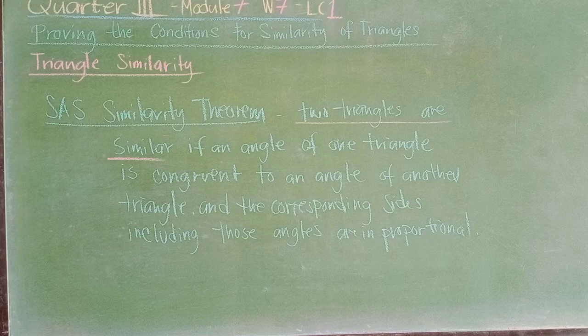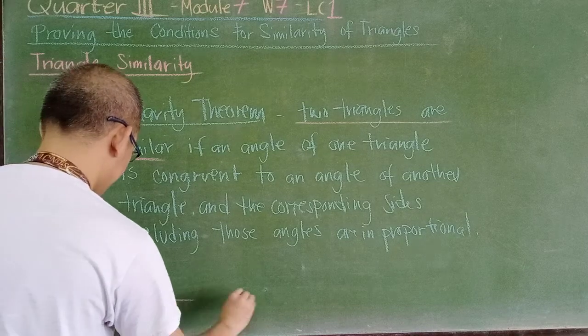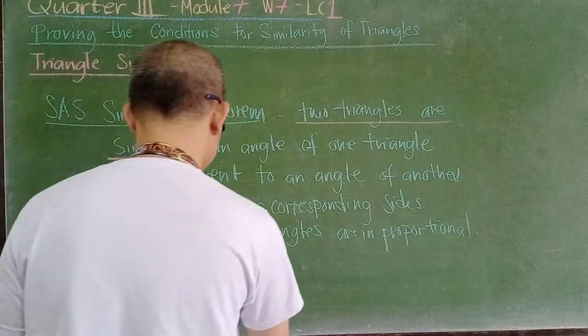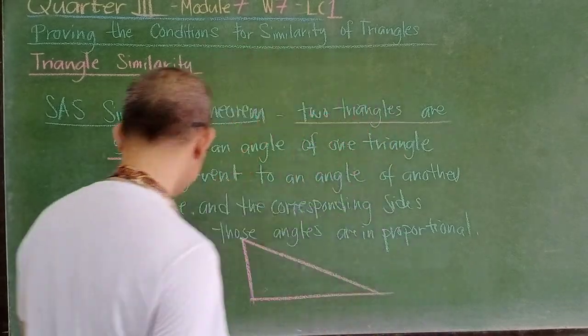Two triangles are similar if an angle of one triangle is congruent to an angle of another triangle, and the corresponding sides including those angles are in proportion. So, ano itsura niyan? Halimbawa, meron tayong dalawang triangle. Yung isa maliit, isa malaki.